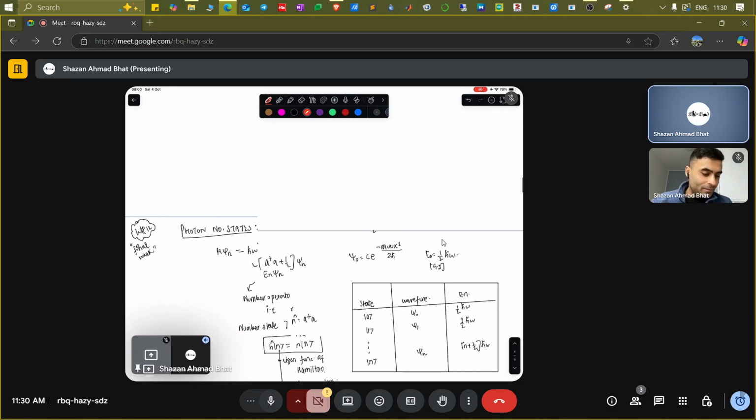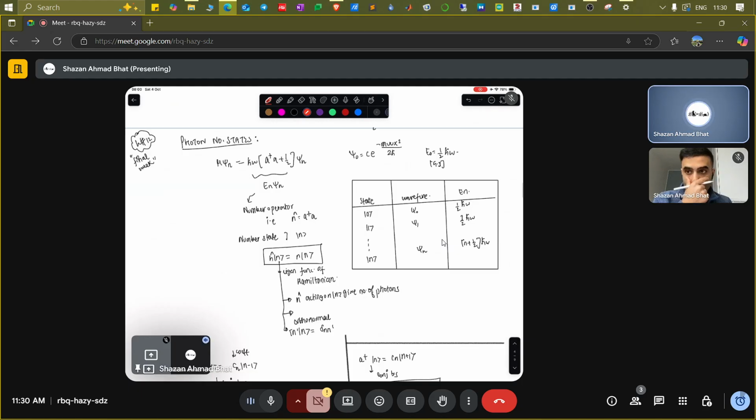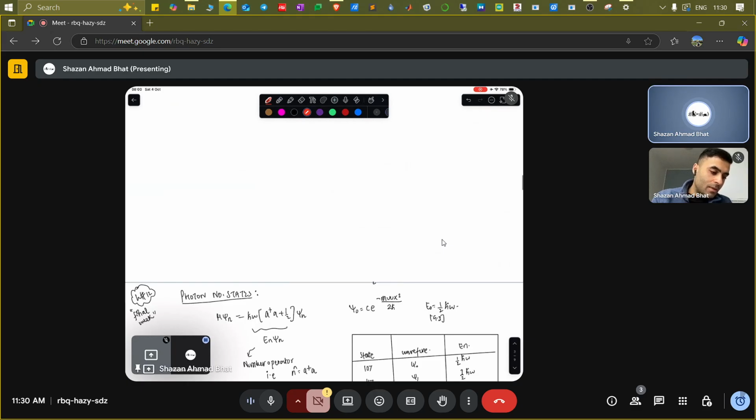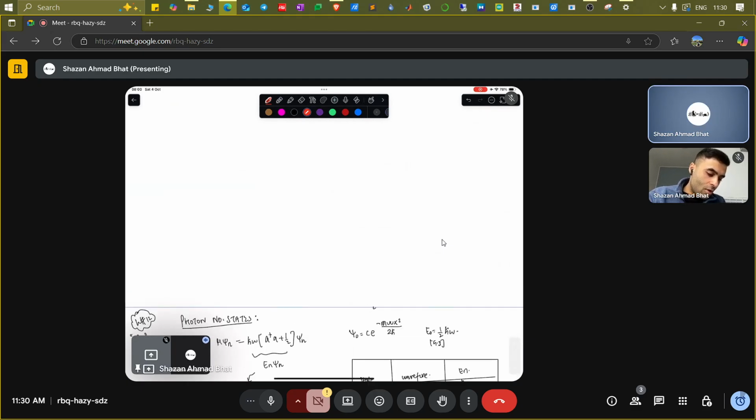Let's talk briefly about photon number states. Earlier we talked about the quantum harmonic oscillator. If you quantize the harmonic oscillator, this is half k x squared, which is the potential energy of the harmonic oscillator.